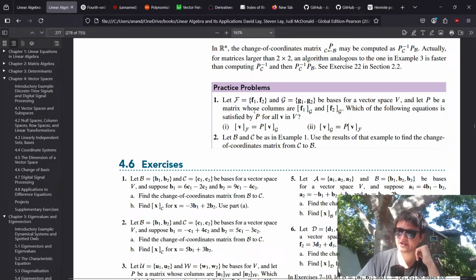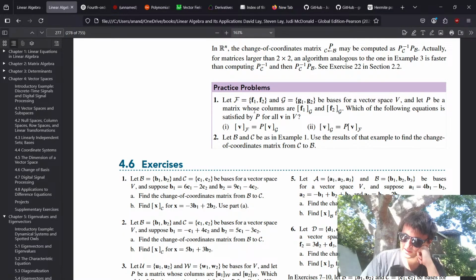Because we have how to write the basis F in terms of G. Then we have F1 written in terms of G and F2 written in terms of G.